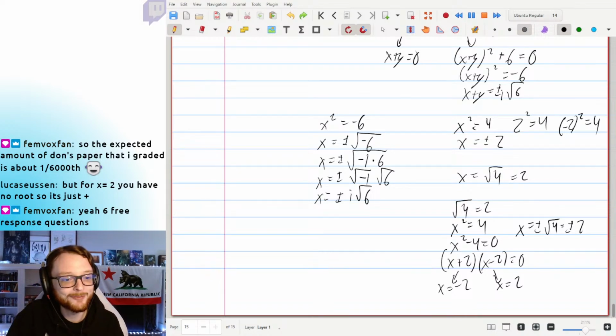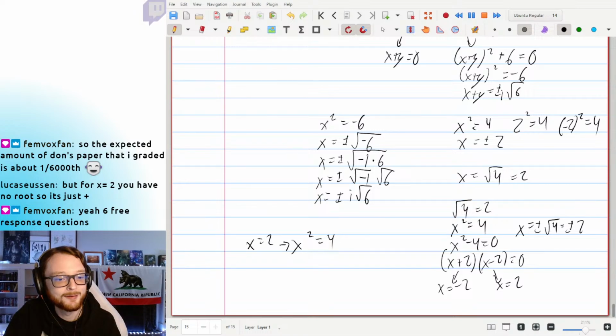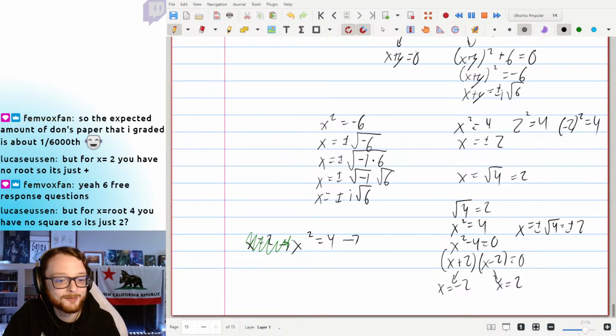Yeah, so it's a weird thing. If you know x equals 2 and you square each side, then yeah, x squared does equal 4. But if you erase this piece and you know that x squared equals 4 and you square root each side, then x equals plus or minus 2.